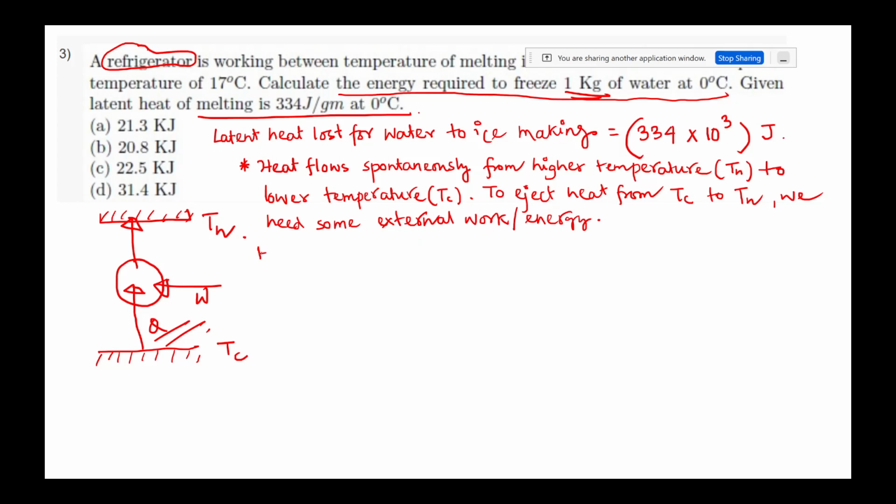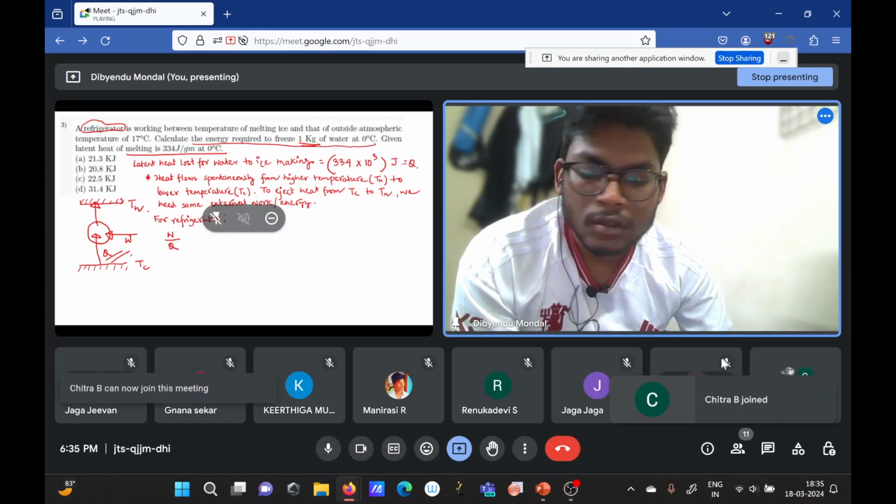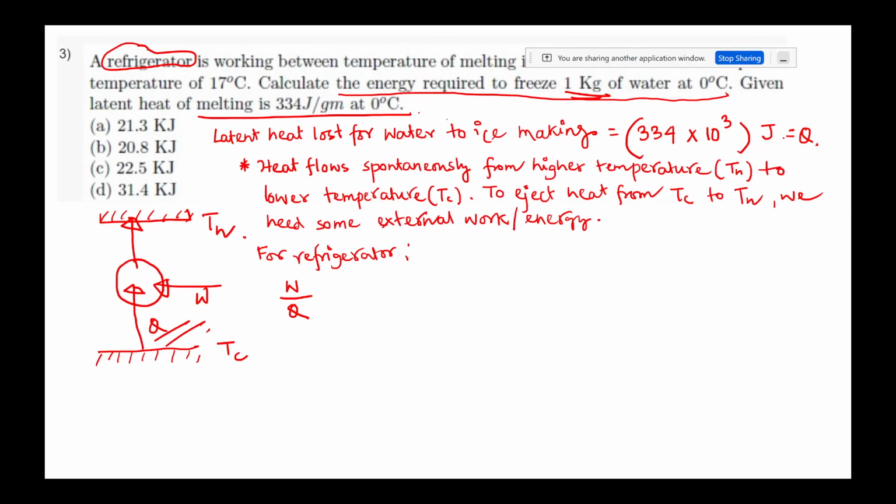Now for a refrigerator, there is a relation, right? This is the Q, the amount of heat we need to eject from the refrigerator so that water freezes to ice.